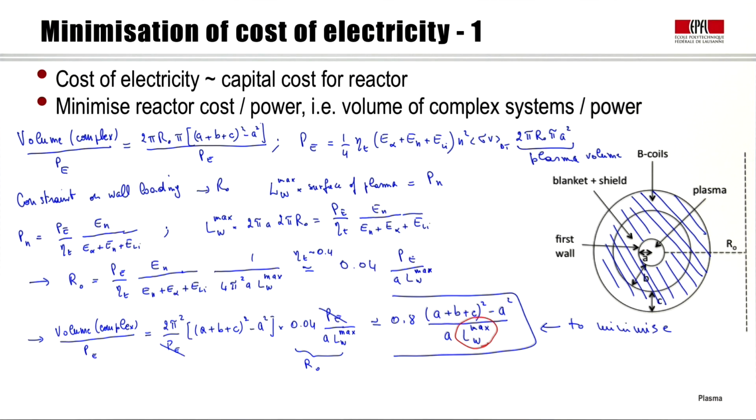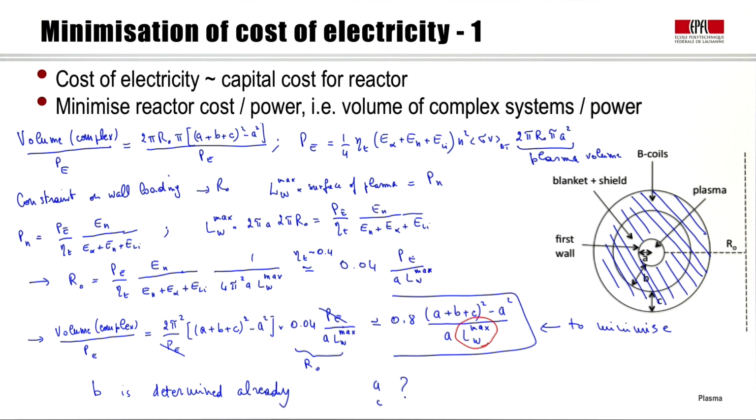The more wall loading we tolerate, the better we will be off with the reactor design, in the sense that we will be automatically minimizing the volume of the complex system, that is their cost per unit power. Now we are ready to continue with the determination of the parameters of the reactor, because B we know, B is determined already from the blanket physics. We need to find now A and C.